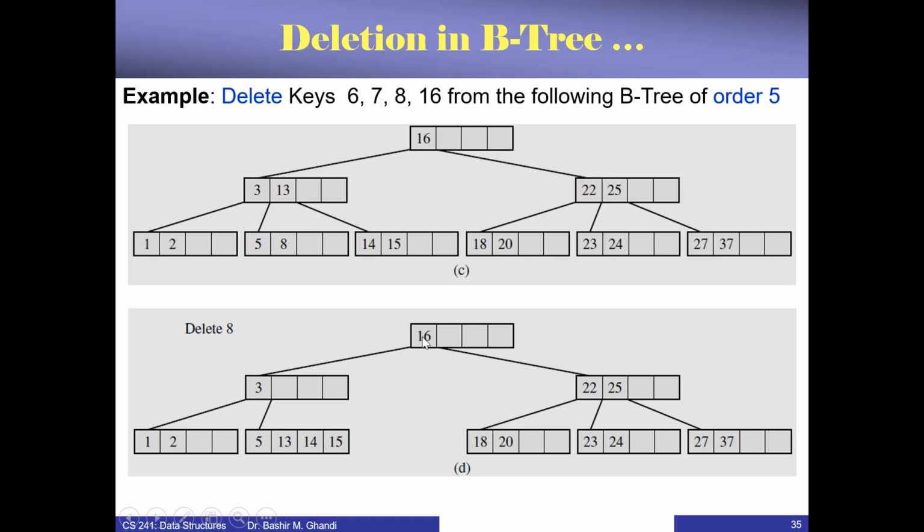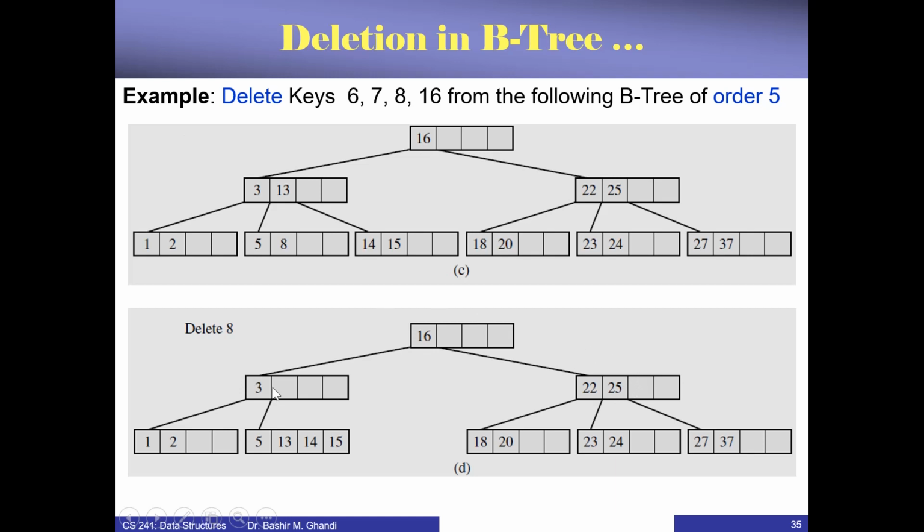Only the root is allowed to have one key. So the next question you should ask yourself is, can we borrow from the right sibling to solve this problem? Unfortunately, you cannot, because the right sibling also has only 2 keys.